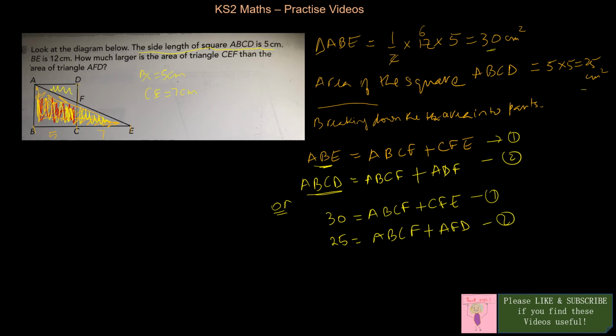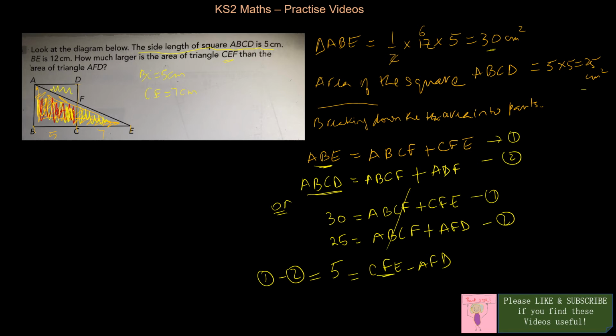Now if I do 1 minus 2, the ABCF cancels out, I get 5 equals CFE minus AFD. So, how much larger is the area of the triangle CEF?